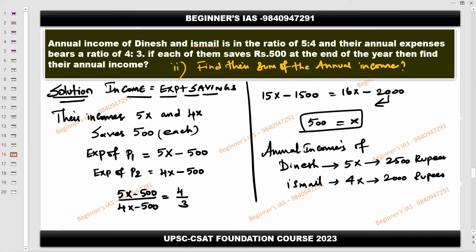Nowadays UPSC is asking this kind of question, and the word sum is very important. If it asks for the sum, this is the answer for the second question, and this is the answer for the first question. First question separately, second question combined, the sum of. Understood? Clear? How to proceed with this kind of problem? Shall I give you one problem for you people to solve now?